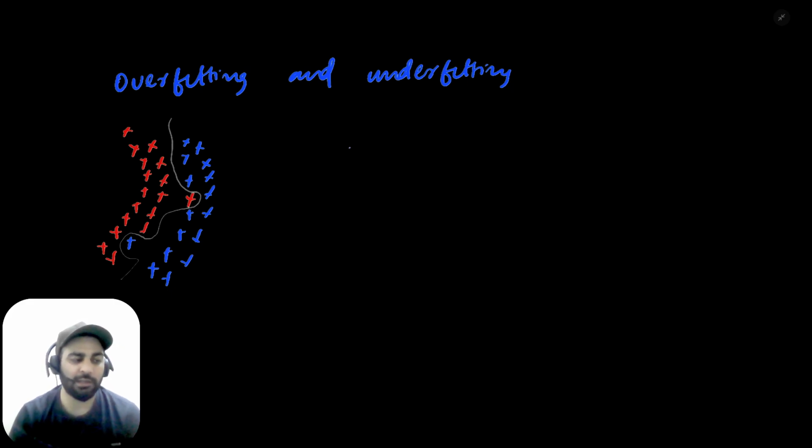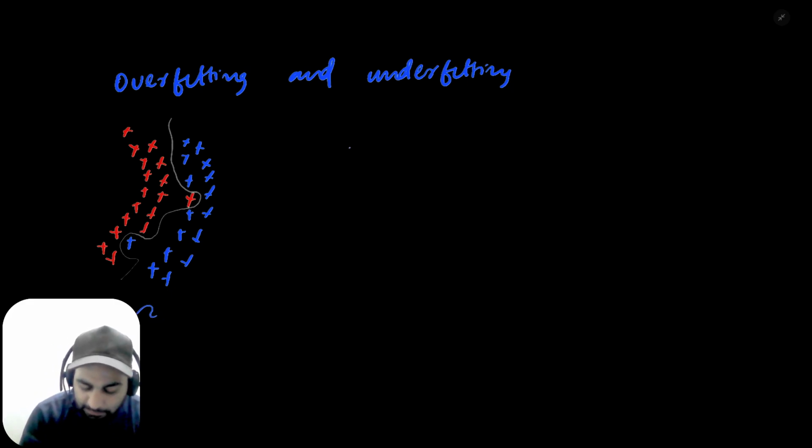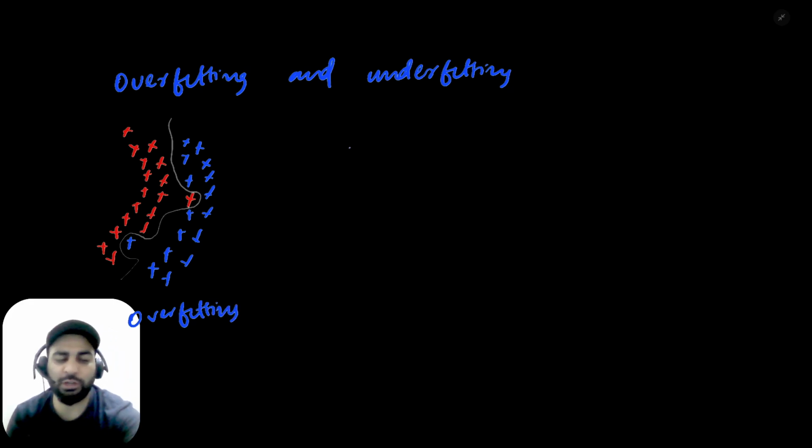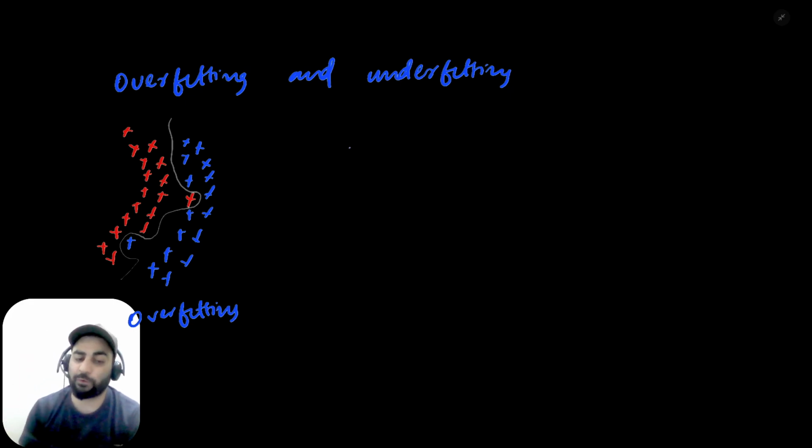That's what overfitting means. It's making the model so complex that it tries to capture every piece of information, even if that information is noise. If I have to formally define overfitting and underfitting, overfitting occurs when the model is too complex.